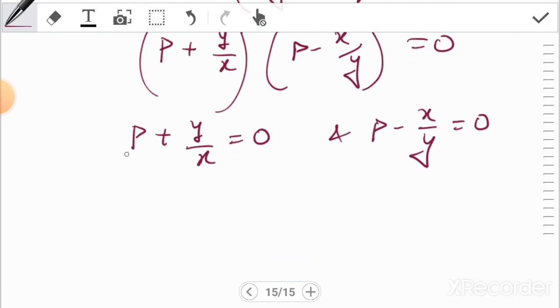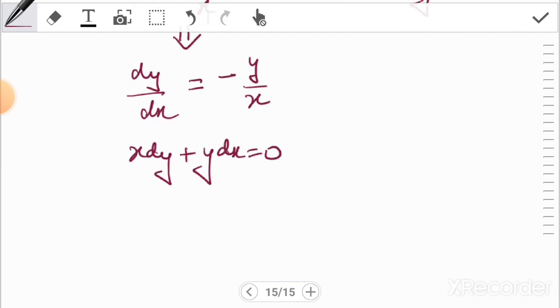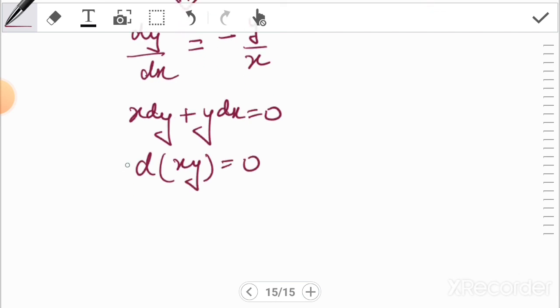From this we have dy by dx is equal to minus y by x, which gives x dy plus y dx is equal to 0, which is d of xy is equal to 0, and integrating we will get xy is equal to c, right?